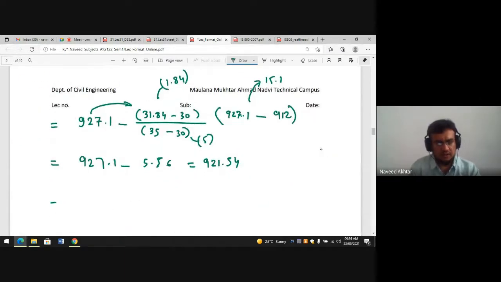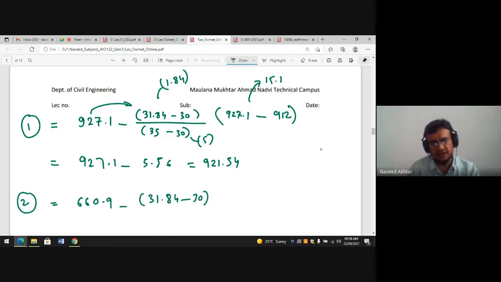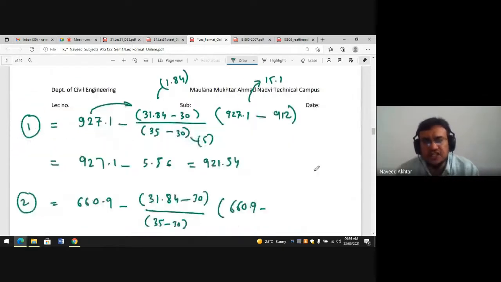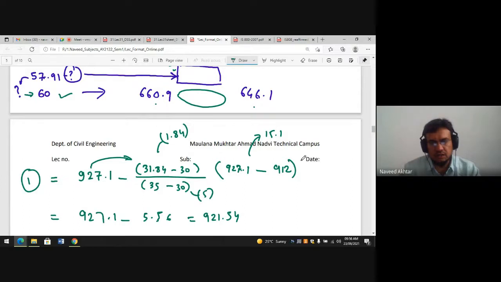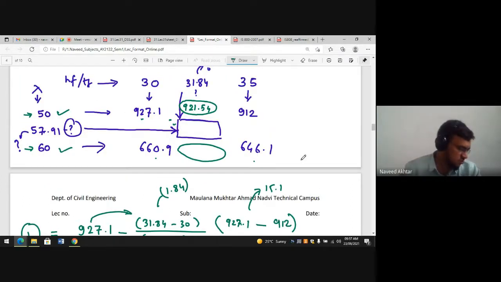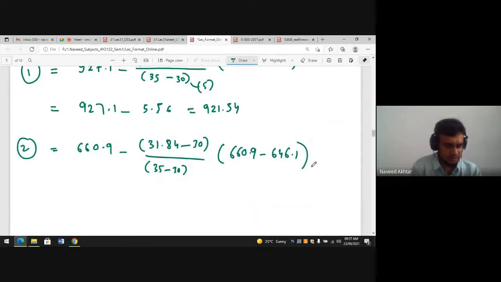the second value, this first value 660.9 minus, here it is the same, 31.84 minus 30, again it is 35 minus 30, and extreme value 660.9 minus another value is 646.1. Now this difference, 660.9 minus 646.1, the difference is 14.8. All the others we know.